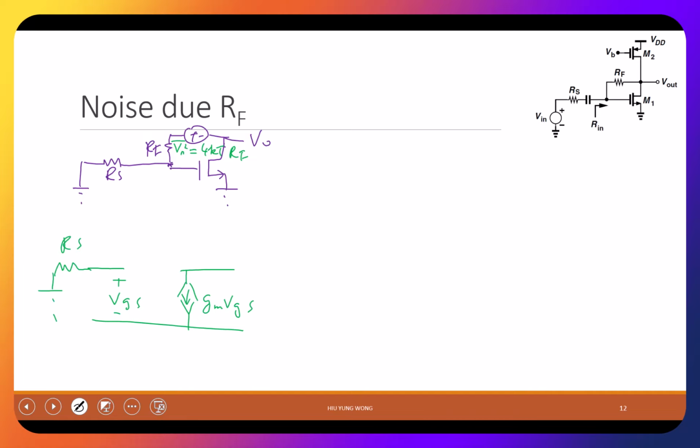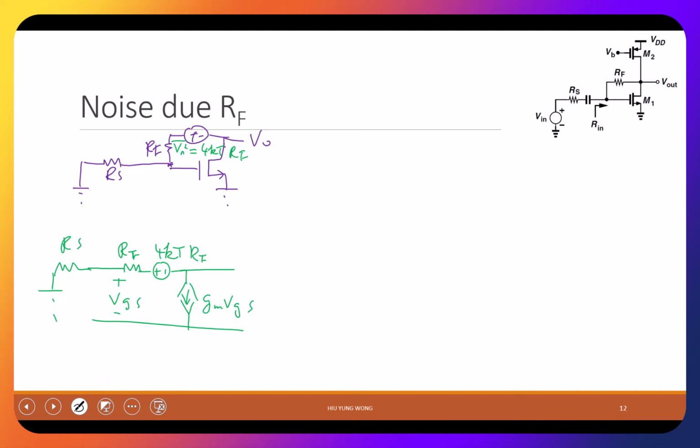And then this one, I have this RF, right? And then I have this noise source, which is 4kTRF. Do you agree with the drawing as the small signal model? Now you can do many things. You can solve KCL, KVL, but here I'm going to do this.